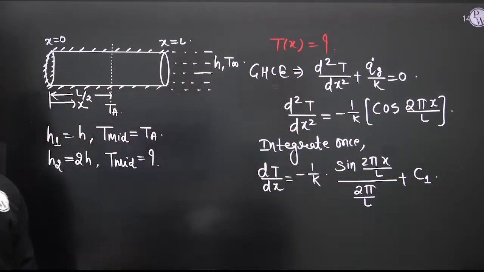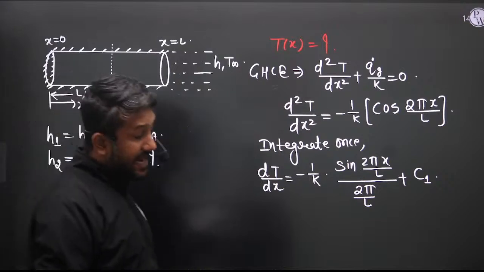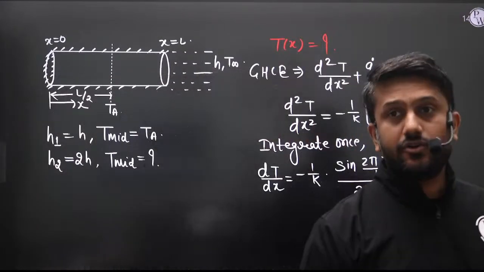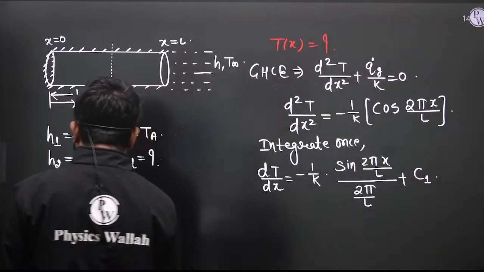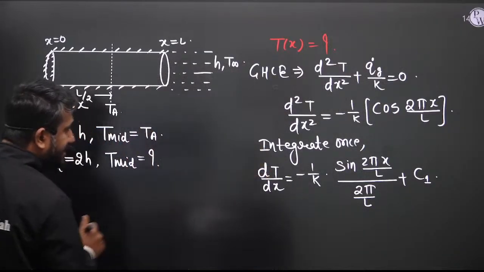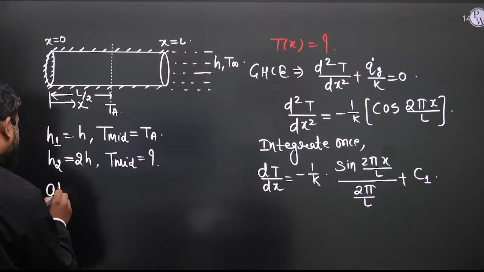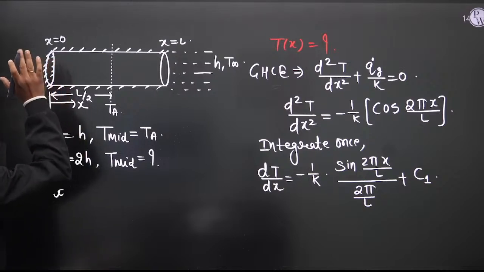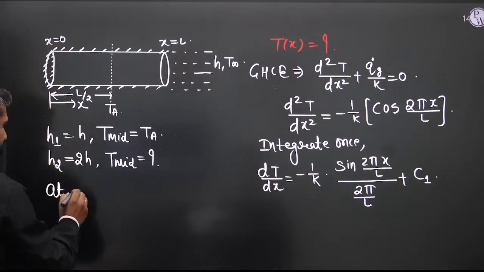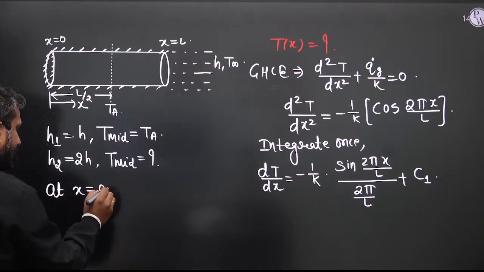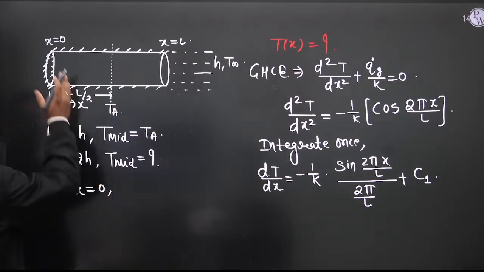Okay, can we find out this integration constant C1? Yes, absolutely we can find it. For calculation of this C1, we need a boundary condition. It is clearly mentioned in the problem that x is equal to 0 is insulated. There is no conduction heat transfer at x is equal to 0.